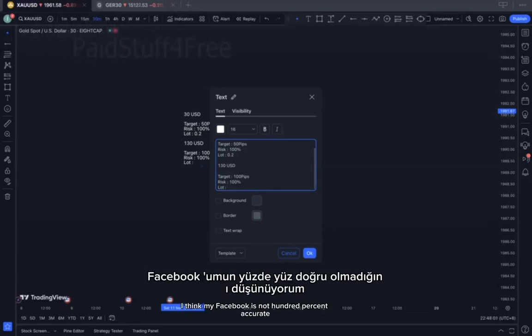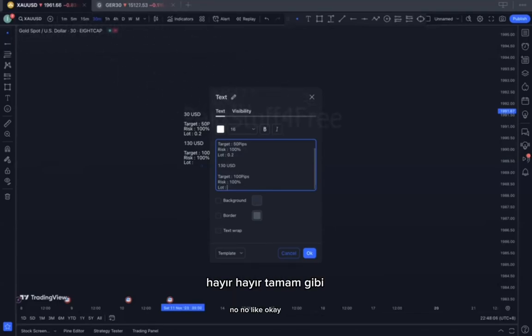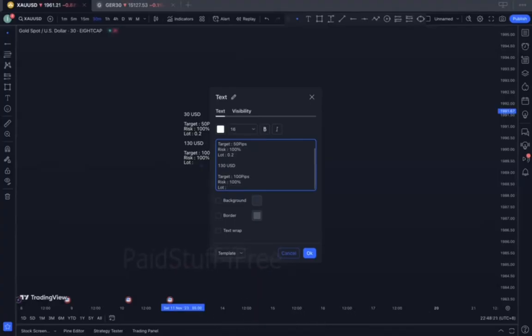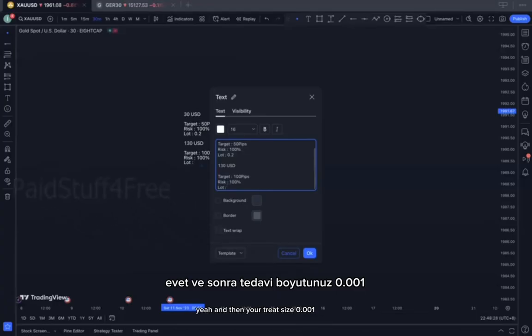I think My FX Book is not 100% accurate sometimes. No, okay, so tell me the account size first. The account size is 130. And then your risk ratio, 100%. Stop loss, 150 pips, right? And then your trade size, 0.001.